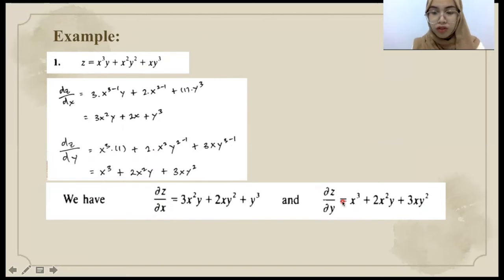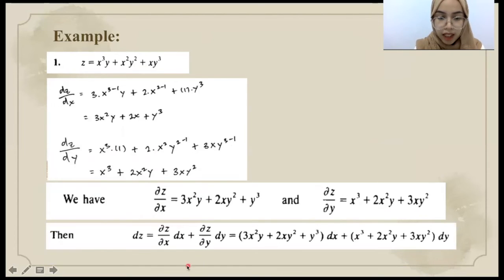For the total differential, we have to sum all the terms that we have calculated. It becomes like this: dz equals partial z with respect to x dx plus partial z with respect to y dy. We just have to insert the expressions into the form.